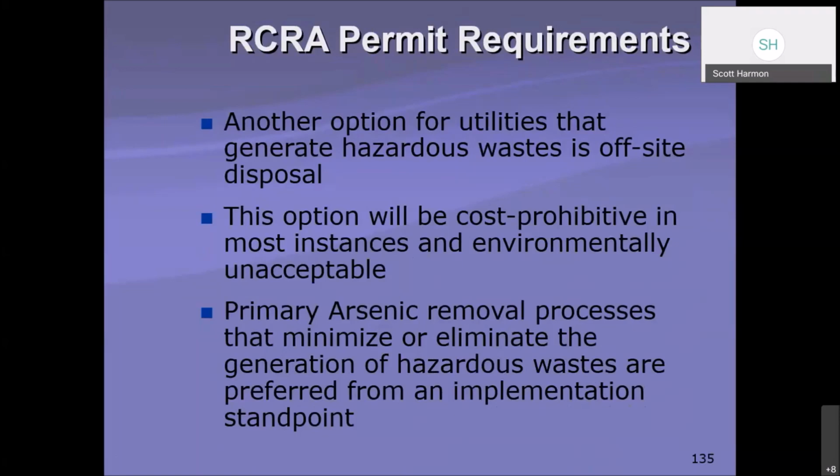If you can use a process that doesn't create the type of hazardous waste that some of those processes do, you're probably going to minimize a lot of these paperwork requirements, CCR requirements, things like that. So provided you have a low enough arsenic concentration in your source water, you can use the conventional types of treatment. You're not producing those high levels of possibly toxic sludge and things like that.